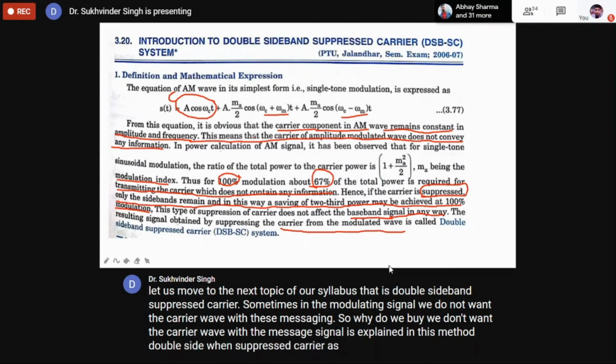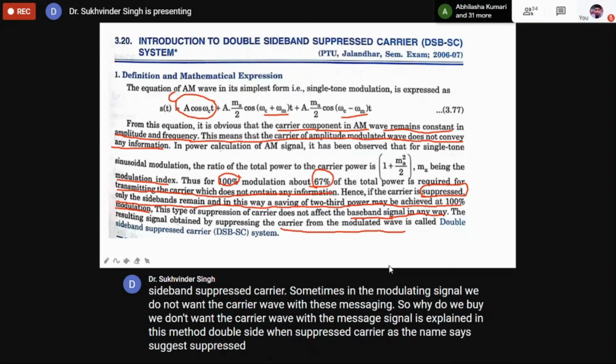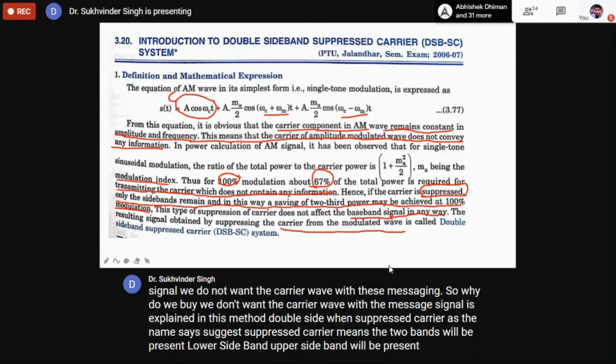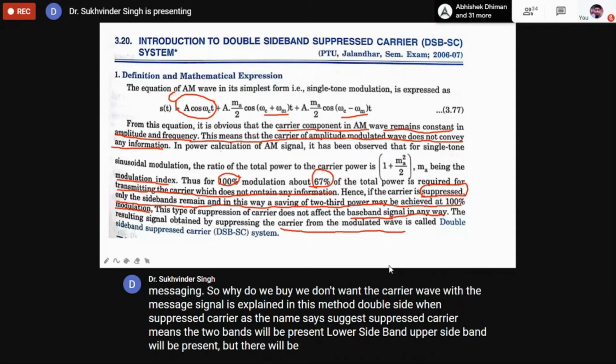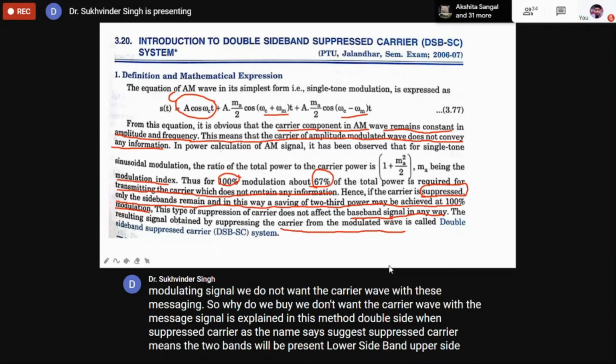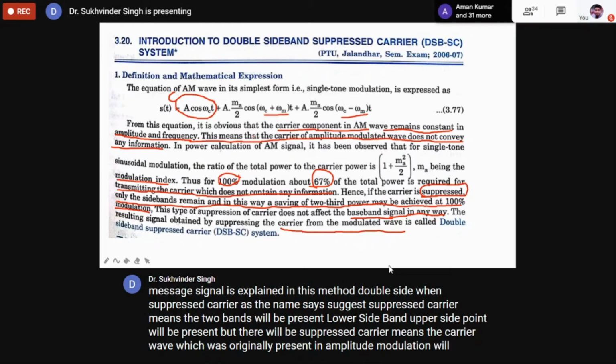As the name suggests, suppressed carrier means the two bands will be present, lower sideband and upper sideband, but the carrier wave which was originally present in amplitude modulation will now be absent.